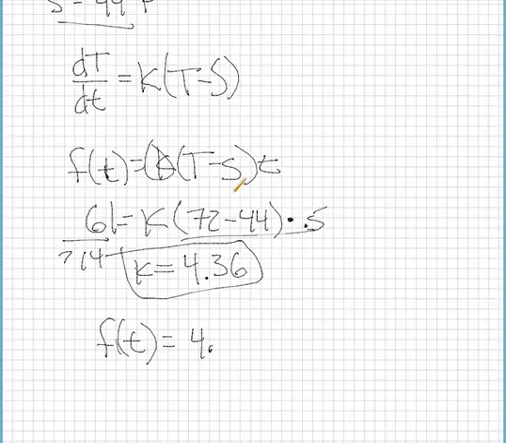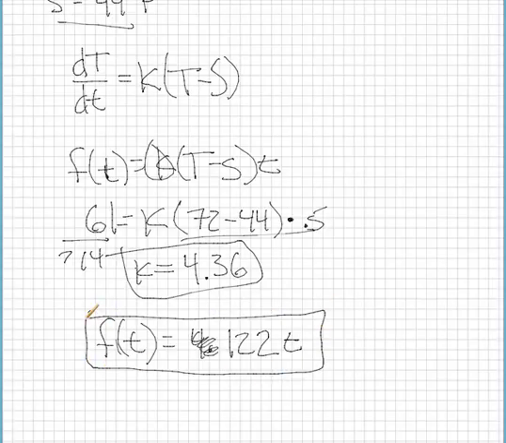So we're going to multiply that by our K, and then this actually comes out to 122, and then times t. So this will be our equation right here. So that's part A.